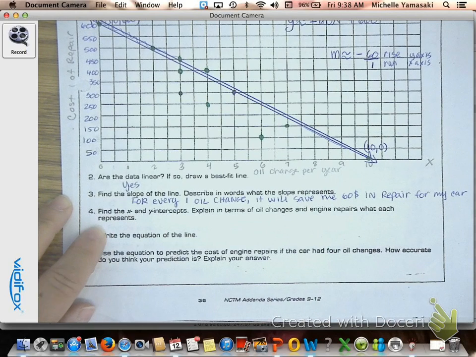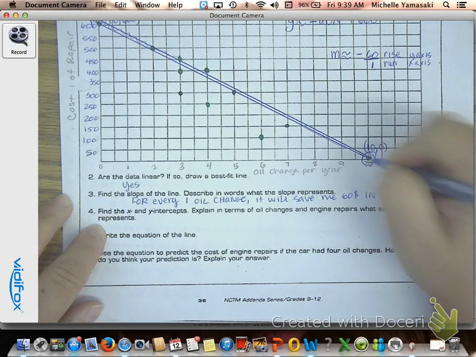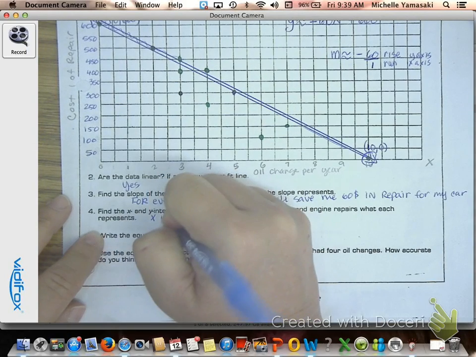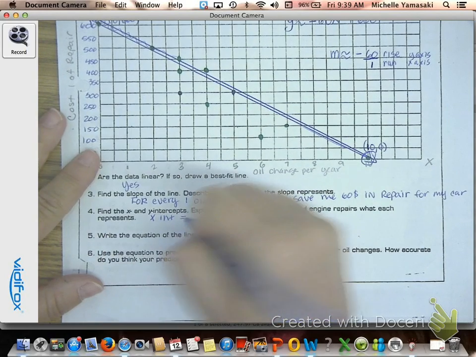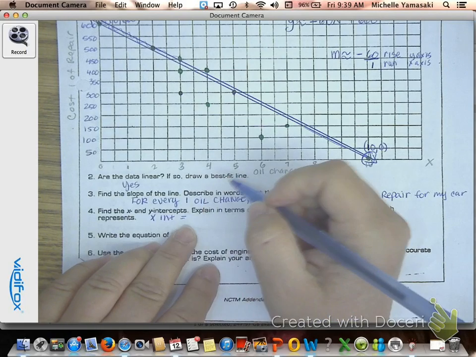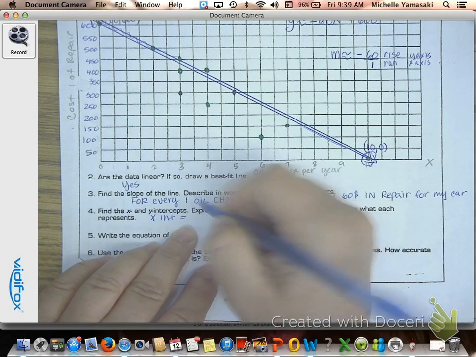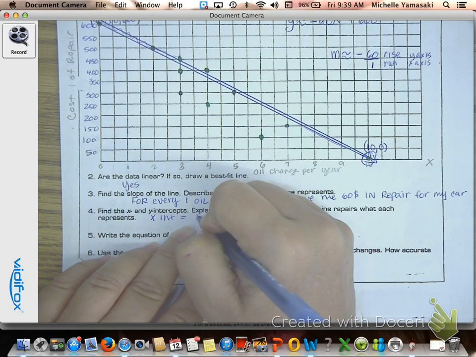Okay? What are we doing? Here is my x-intercept. What does that mean? What is that meaning? Nora? It means that if you have 10 oil changes in the year, then you won't have to spend any money on repairs. Right.